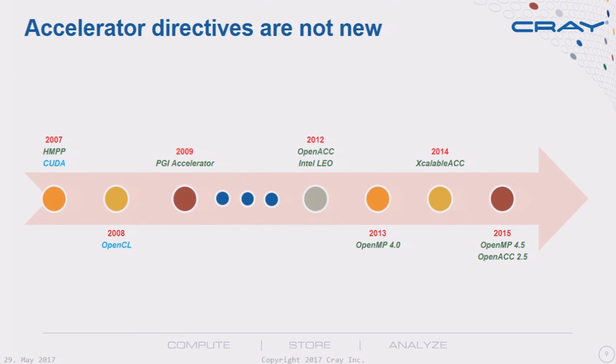So to give you a short overview about the accelerator directives, they are more or less as old as the low-level implementation. So in 2007, the first CUDA version was released, but also the HMPP, which is also a high-level directive model, was also released in 2008.